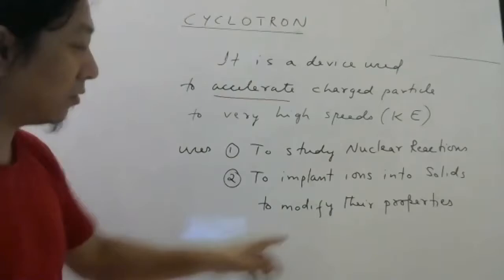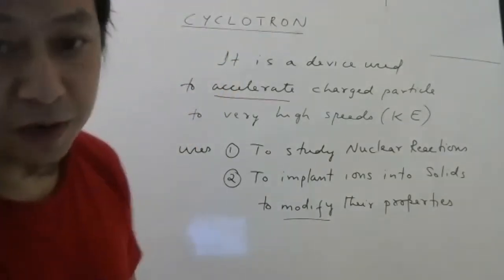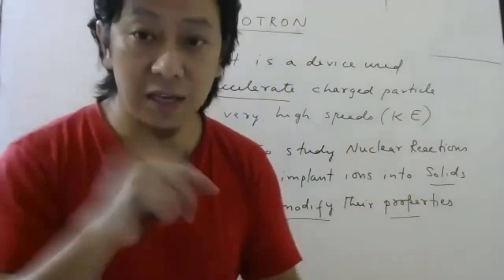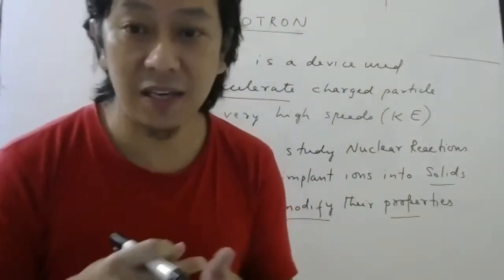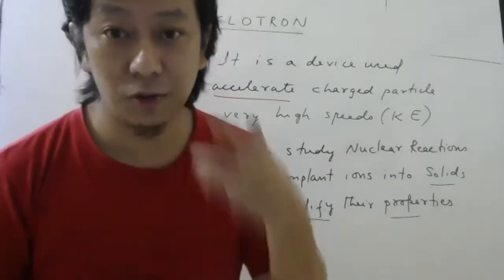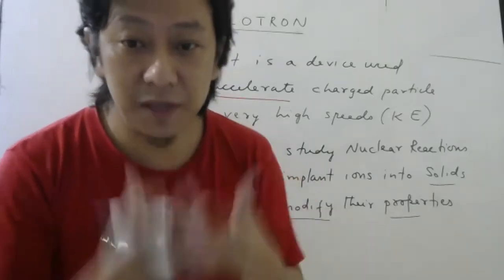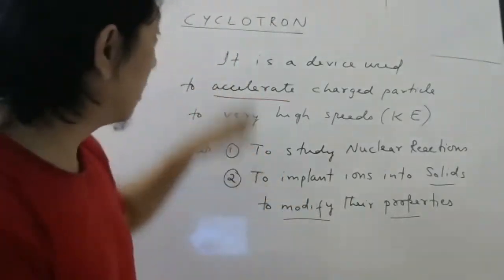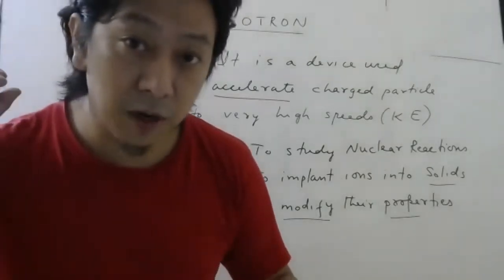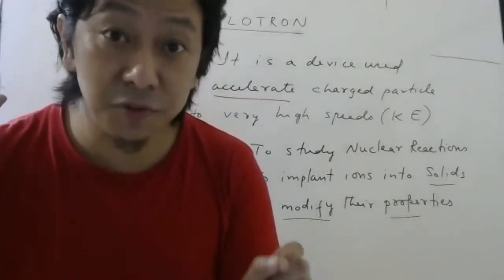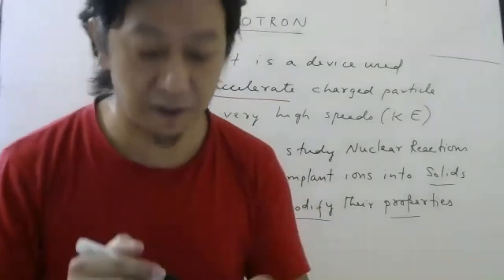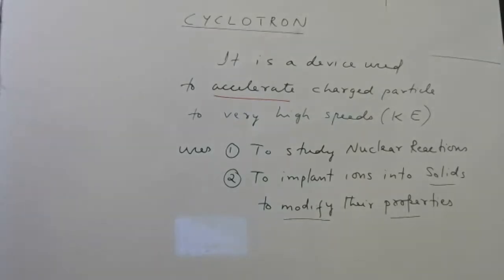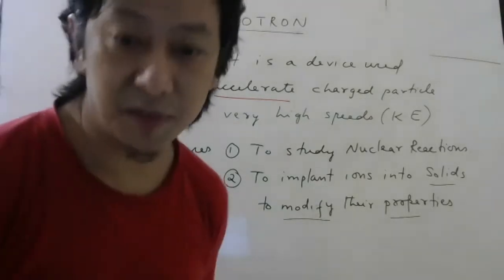If you want to change the property of some solid, then you can send fast moving ions inside, and the presence of ions will act like impurities, and those impurities will change the whole behavior of the solid. So to change the behavior of a solid, we use this cyclotron, which makes charged particles move very fast. That is the whole idea. There are some limitations we will study later.